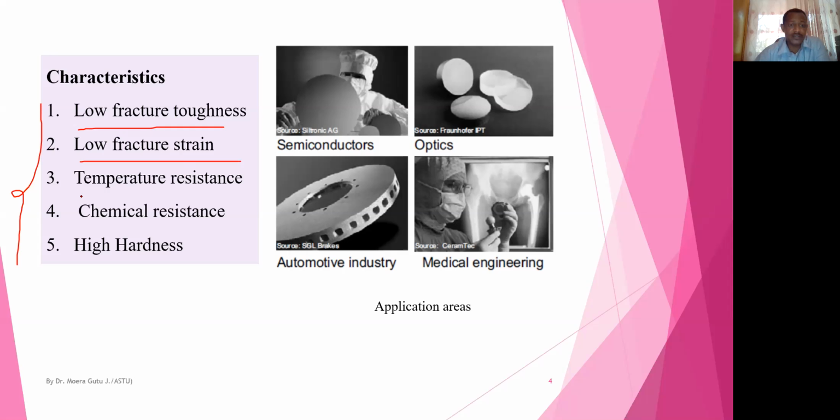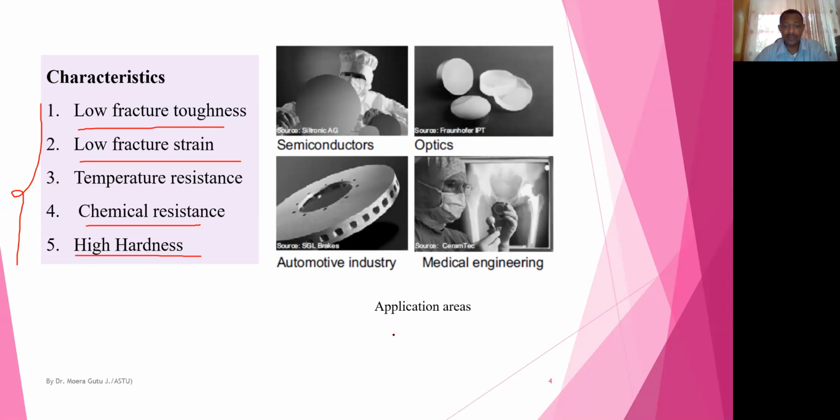Temperature resistance got them high application areas in semiconductor industries because they can resist high temperature up to 3000 degrees Celsius. They have chemical resistance, so they can be used in chemical industries and acid industries. They can use these hard materials because they do have high chemical resistance, like ceramics, and high hardness. The hardness is also very high.